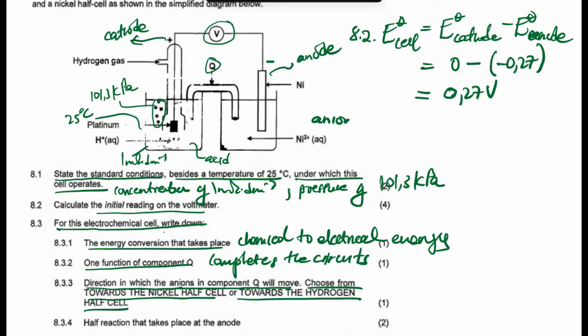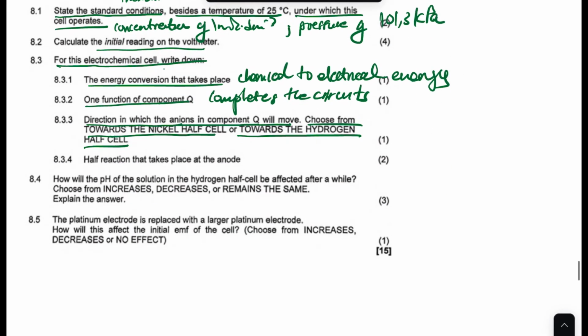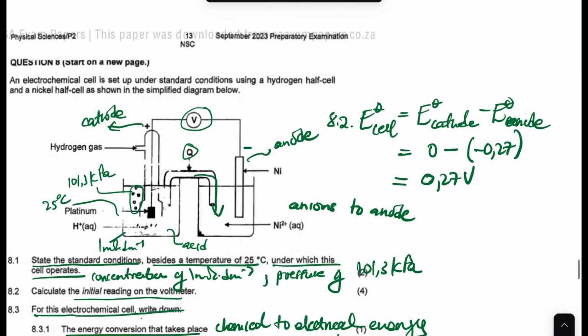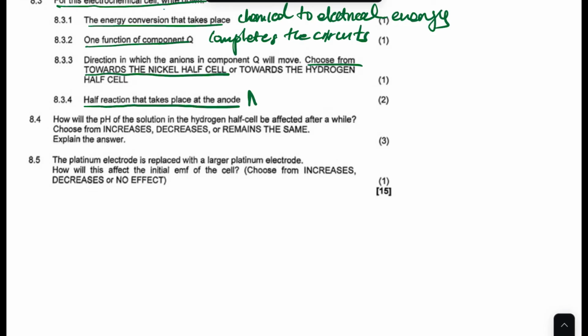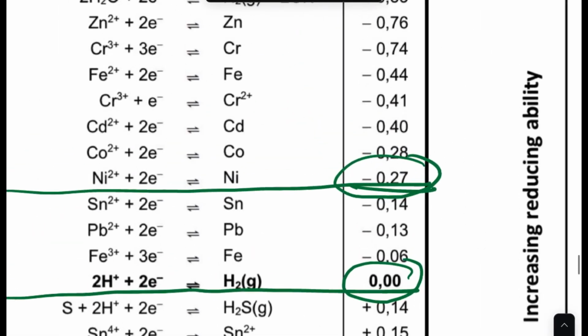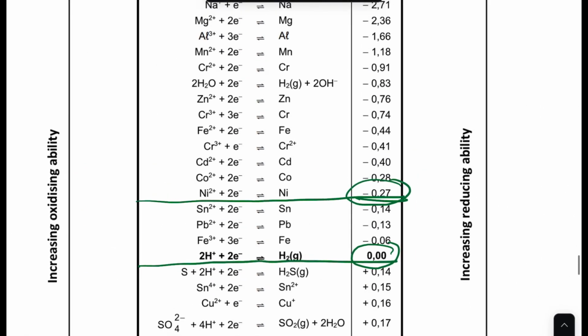So the anions are going to move towards the anode, which is the nickel half cell. So the answer is towards the nickel half cell. Now 8.3.4, write down the half reaction that takes place at the anode, which is the nickel. Since it's oxidizing, it's a nickel atom to a nickel ion with 2 electrons.